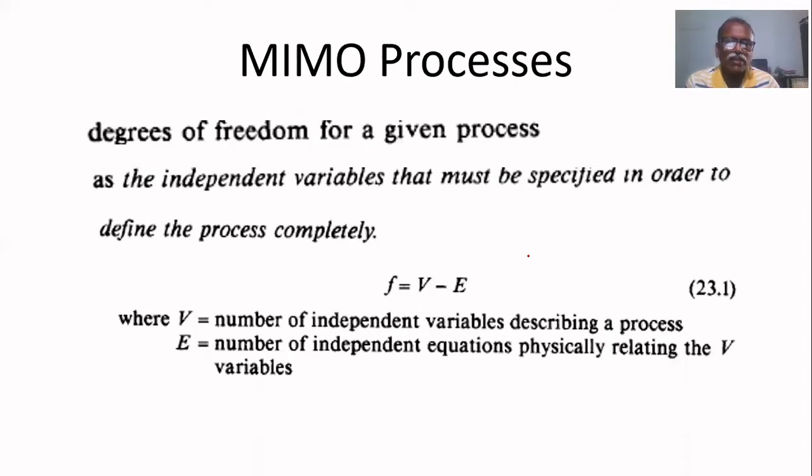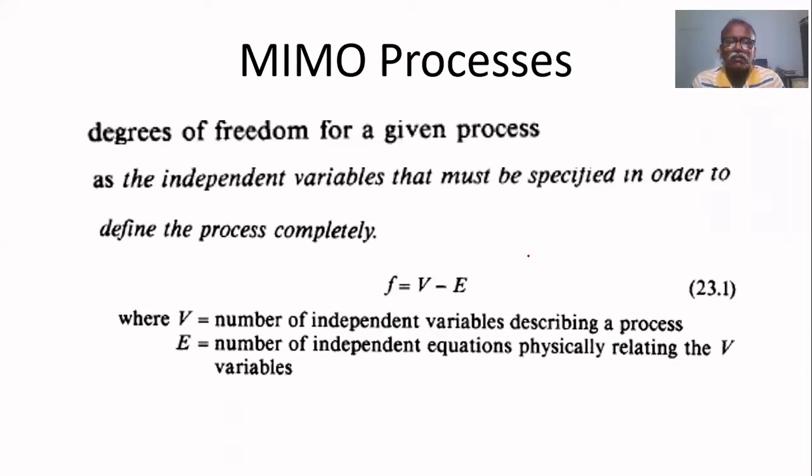In our lab, we have a level process. We are manipulating the inflow rate by using the valve. In that case, input is valve opening and that inflow rate through that valve opening, and output is level. That is called SISO process, single input, single output process.